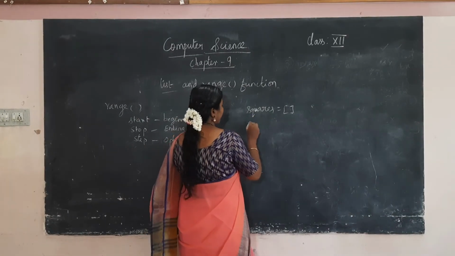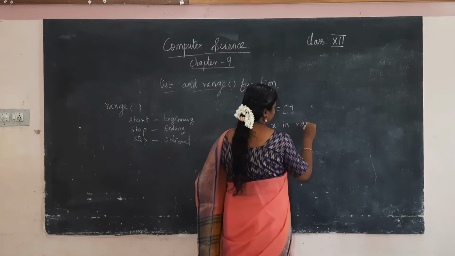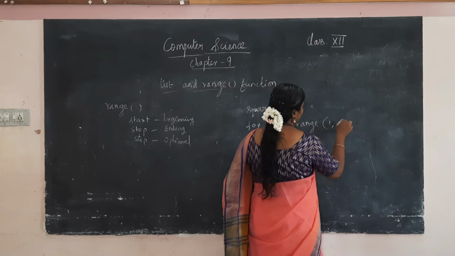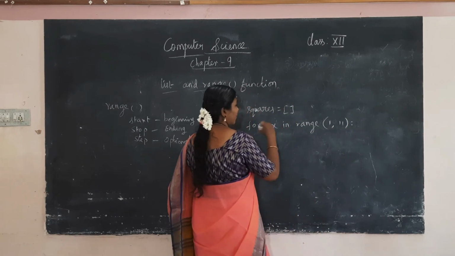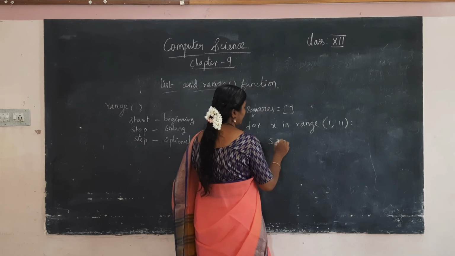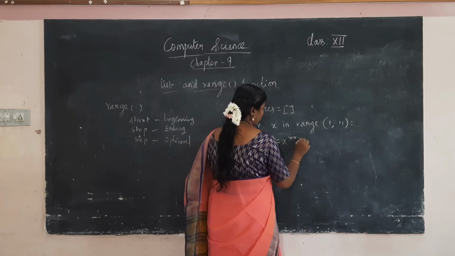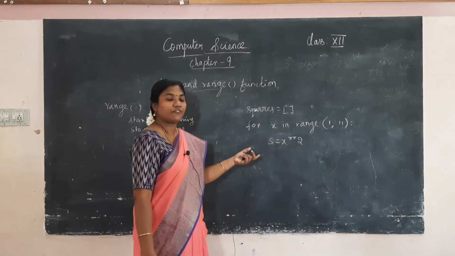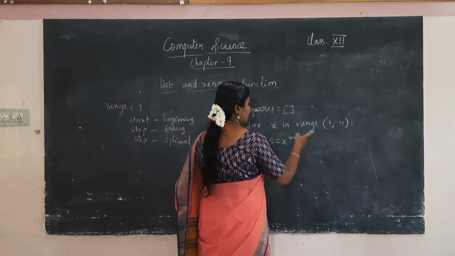Next, for x in range 1, 11, I am going to find the squares. S is equal to x double star 2. So first x will be 1 square and then 2 square like that.